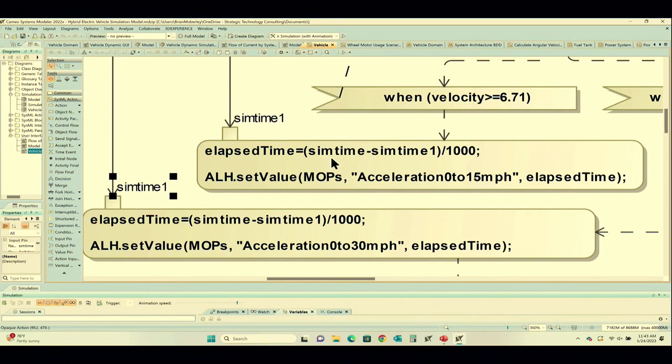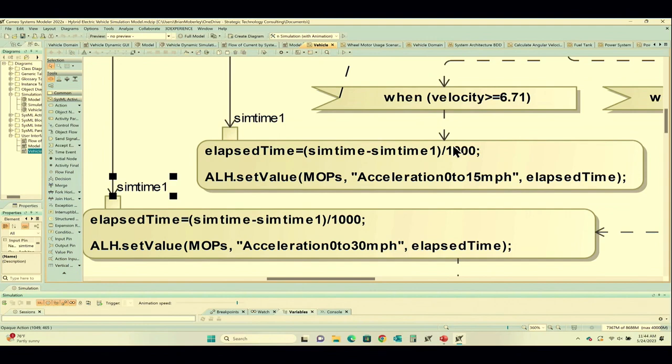When it grabs SimTime right here, that's the new SimTime, while SimTime1 was actually the old SimTime. So that was the initial that we converted to being called SimTime1. So it's what it is now minus what it was before, divided by 1,000. That way we convert that to seconds. And then that's how we ended up getting that delta T, essentially. Okay. So that tells me I need to update my glasses. I didn't see that.